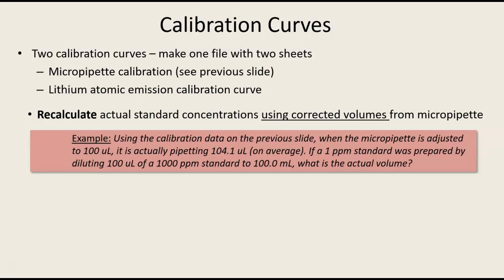So if a 1 ppm standard was prepared by diluting 100 microliters of 1,000 ppm standard to 100 milliliters, what would the actual volume be? I'll let you think about that.